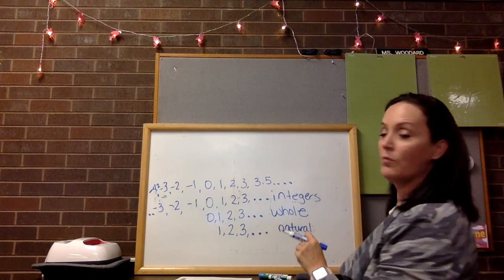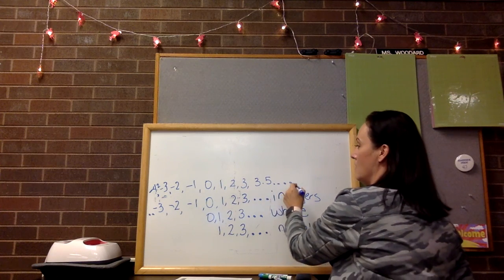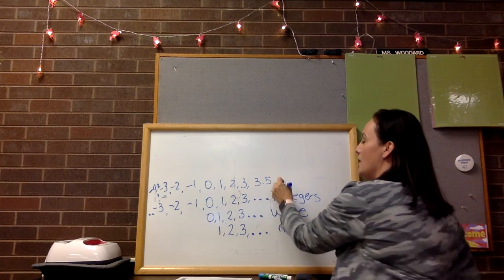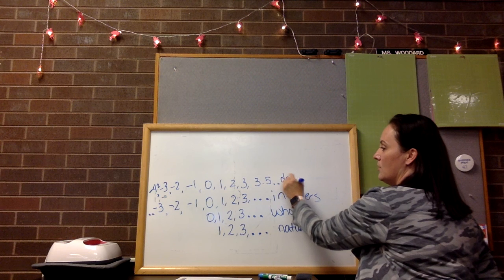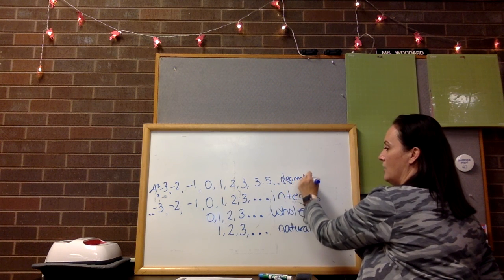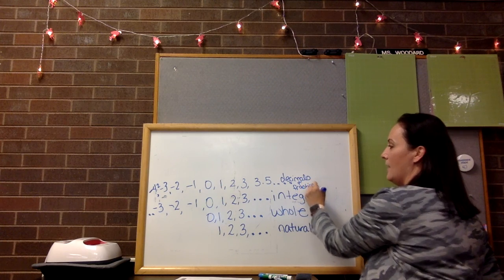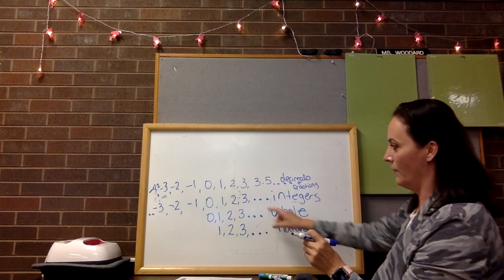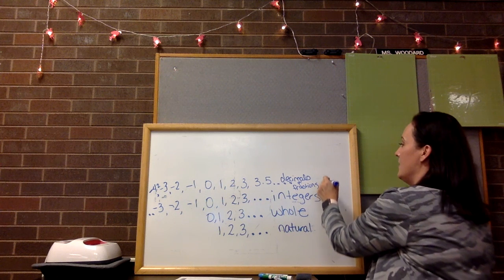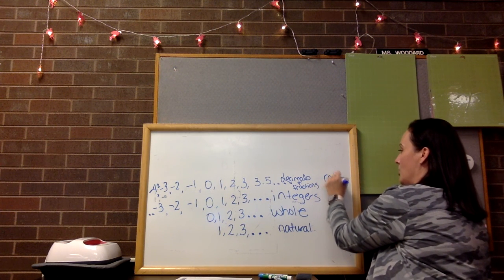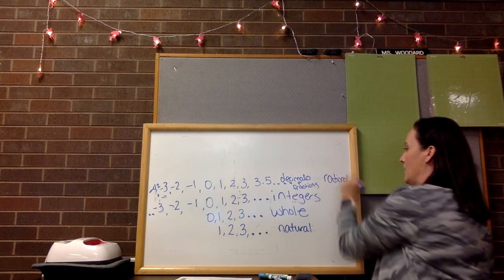We might also have fractions in here too. So this set includes decimals and fractions, all of those little bits and pieces that lie in between all of the whole numbers. This set of numbers is called our rational set. So we have a rational set of numbers.